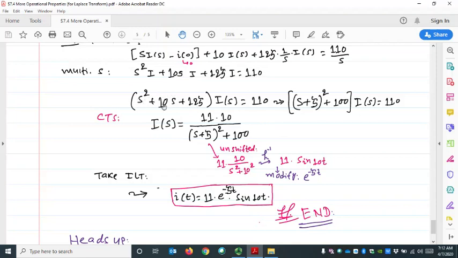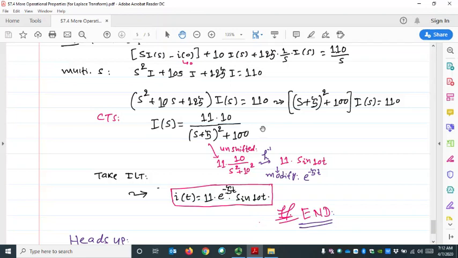So s squared plus 10s plus 125 equals s plus 5 squared plus 100, times capital I of s equals 110. Divide both sides by this coefficient of capital I of s. So capital I of s equals, I break 110 into 11 times 10, over s plus 5 squared plus 100.